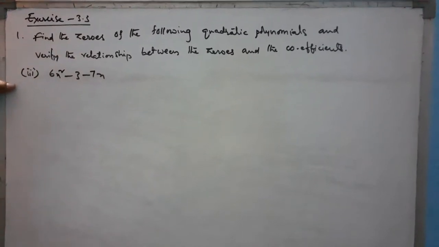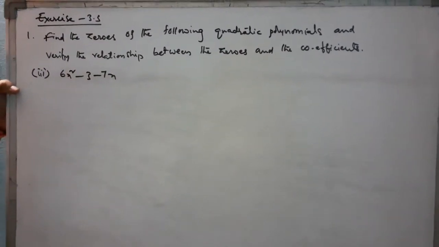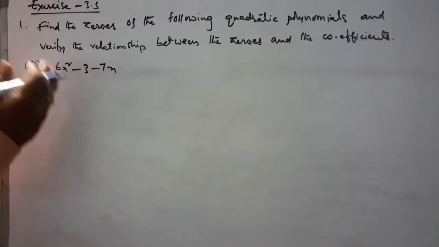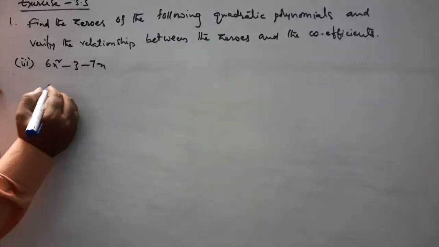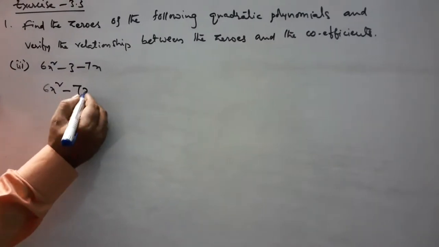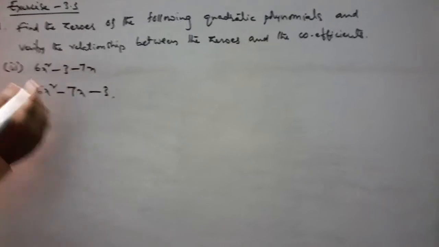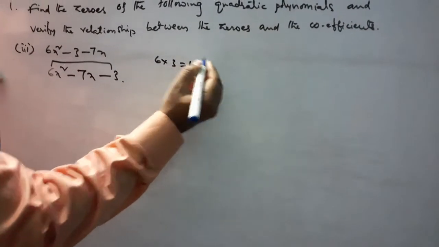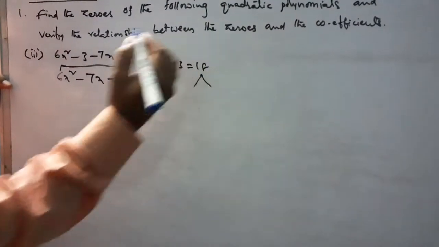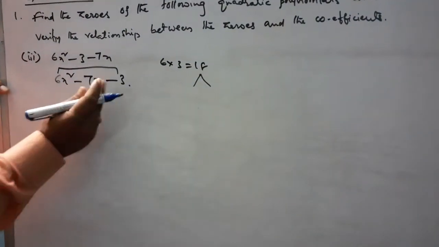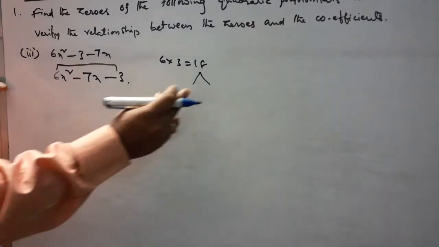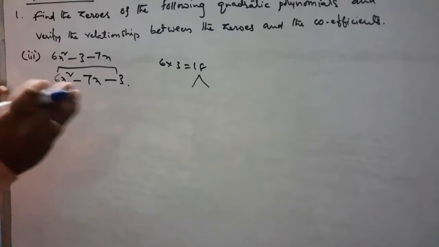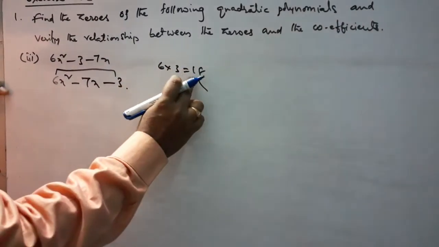So here the third problem, 6x square minus 3 minus 7x. First of all we have to write in the order: x square term, x term and constant. 6x square minus 7x minus 3. So now here 6 into 3 we will get 18. Now we have to split minus 7x. Here it is a minus, so we have to take the relation between the coefficients as subtraction.